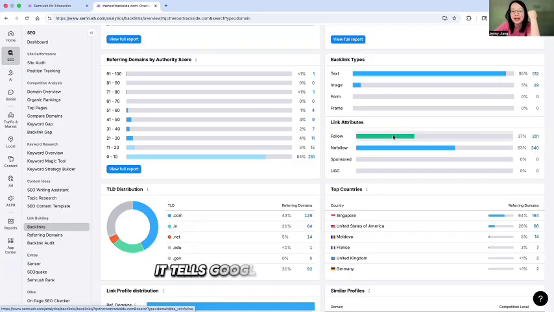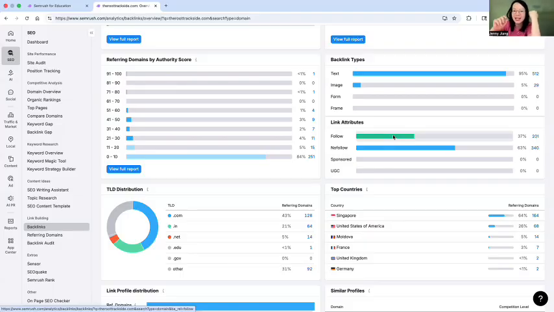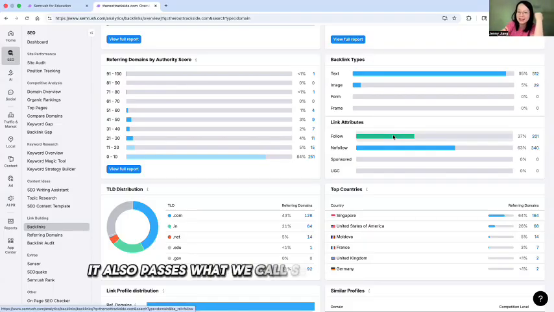It tells Google, I trust this website. I'm passing some credibility to it. So when a site gets follow links, Google sees it as more trustworthy. It can help improve the rankings. It also passes what we call SEO value, link authority, for the root restaurant.